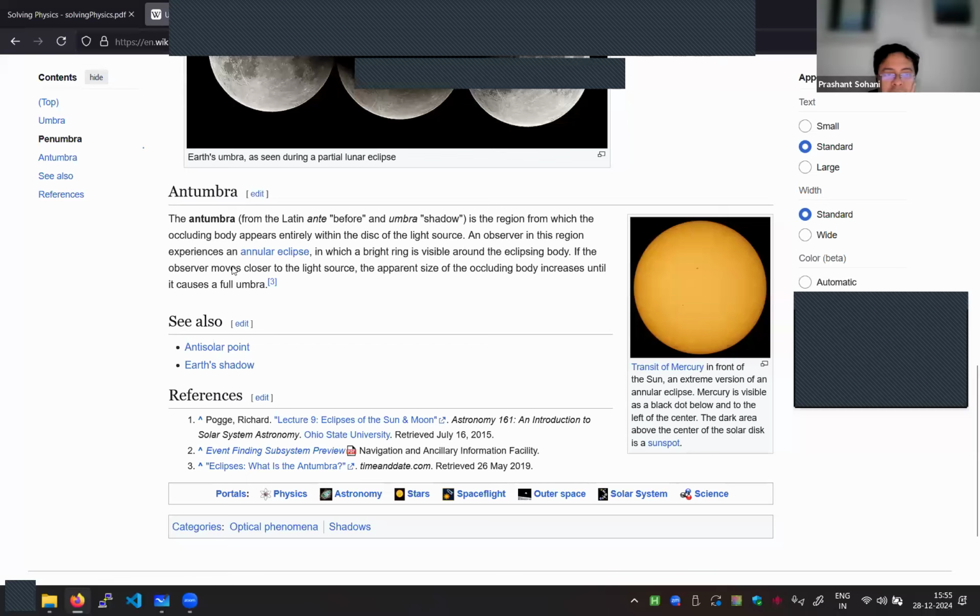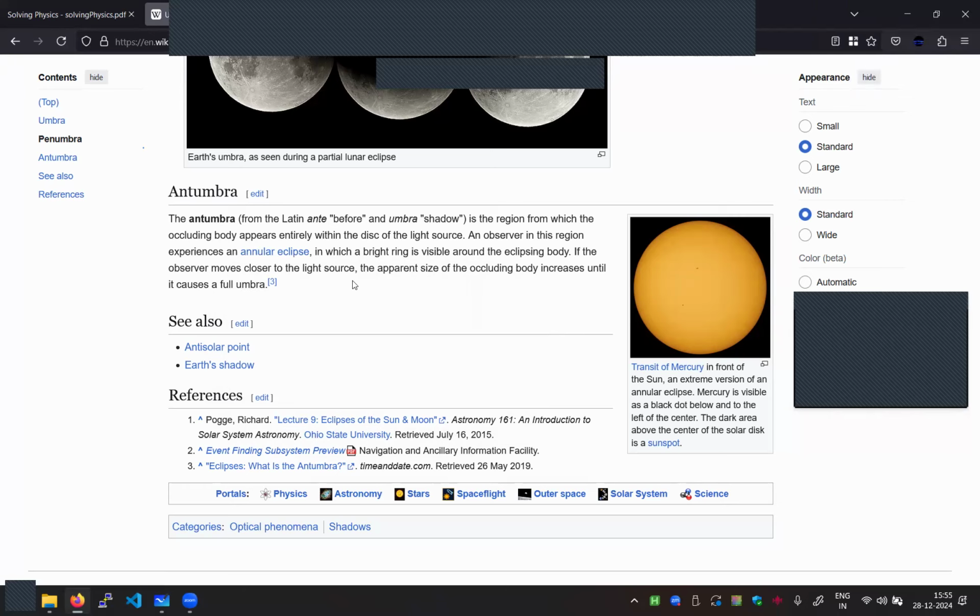They might be calling it for this reason: the occluding body entirely appears within the disk of the light source. Reading this, I'm not able to understand what they are saying. But I don't think you require that concept. So maybe we have to go on YouTube and find some lecture which explains this properly. But for our requirement, this is not really required.